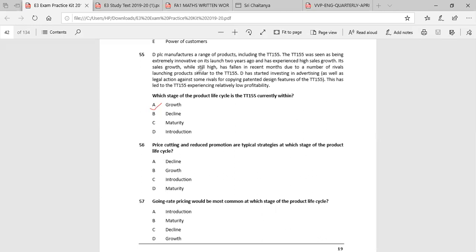56th question. Price cutting and reduced promotion are typical strategies at which stage of the product life cycle? Decline is the answer. Yes, decline is the answer.